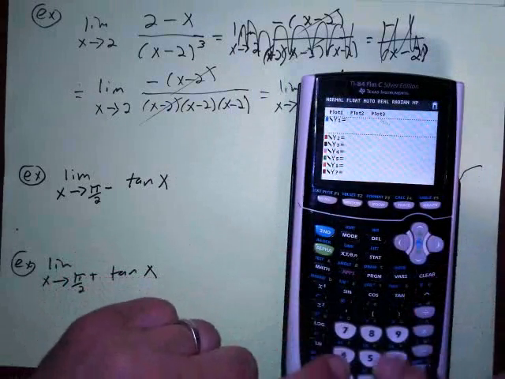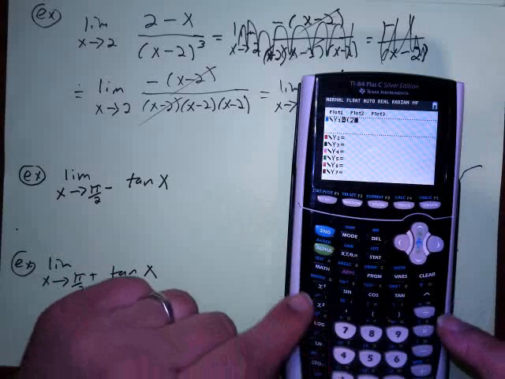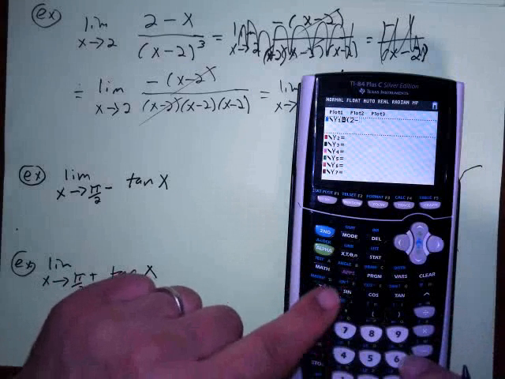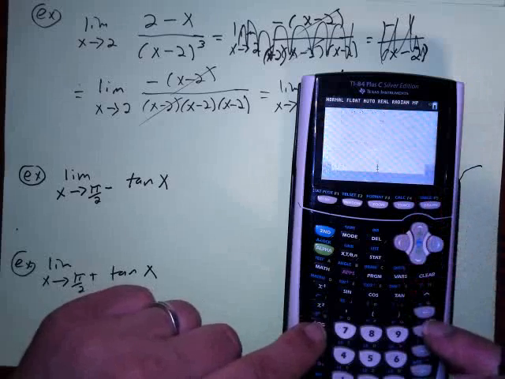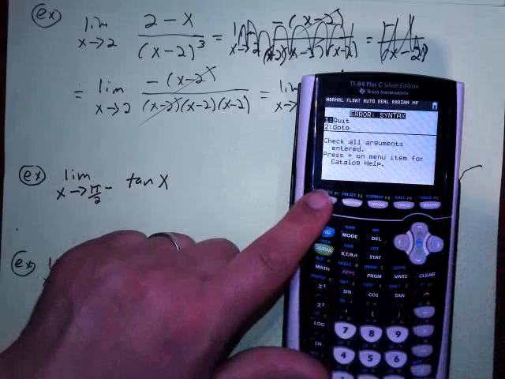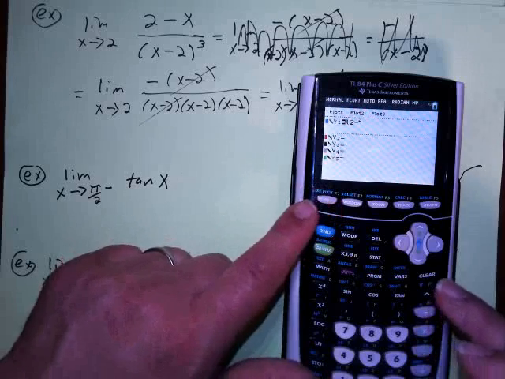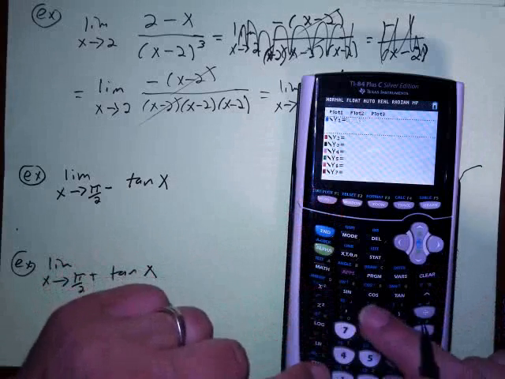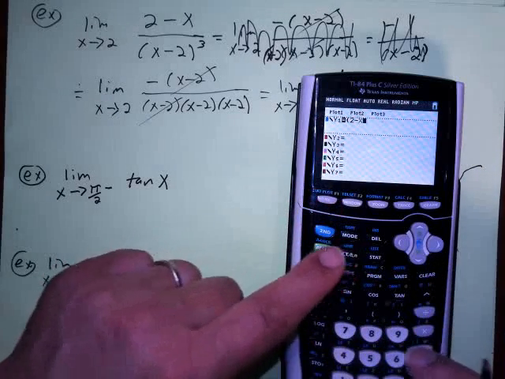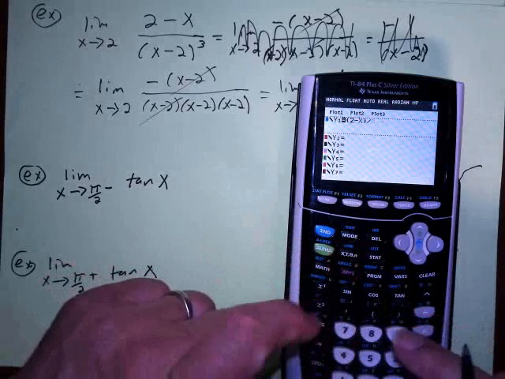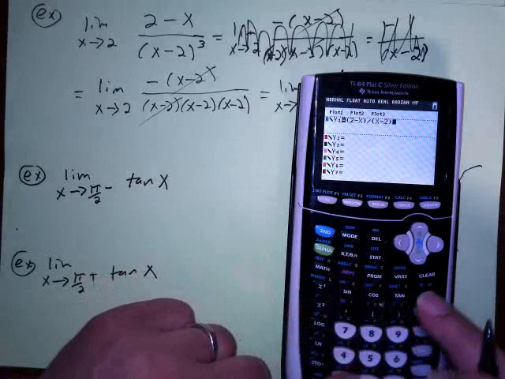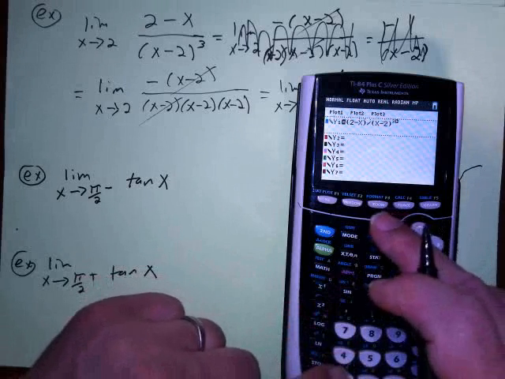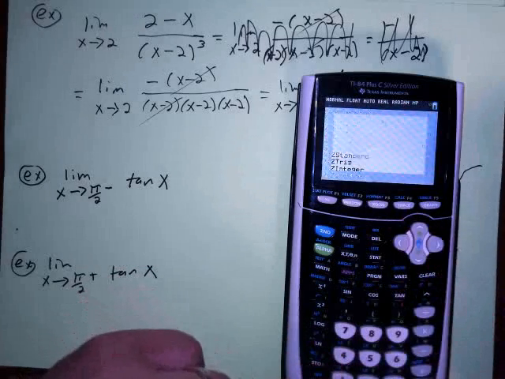Okay, so I got 2 minus x. Oops. Let's see here. Let me go back. So 2 minus x divided by x minus 2 raised to the third, and then I'm going to do a standard window.